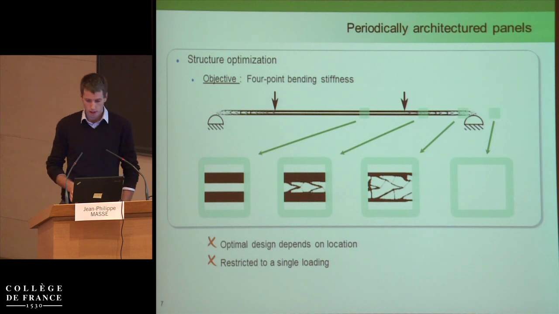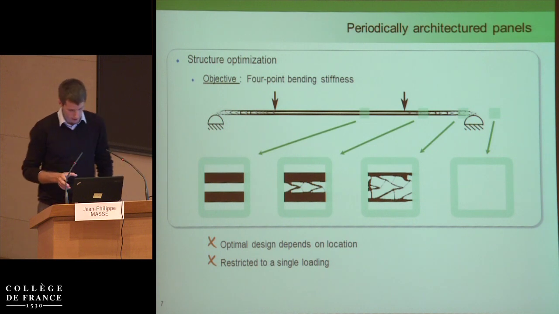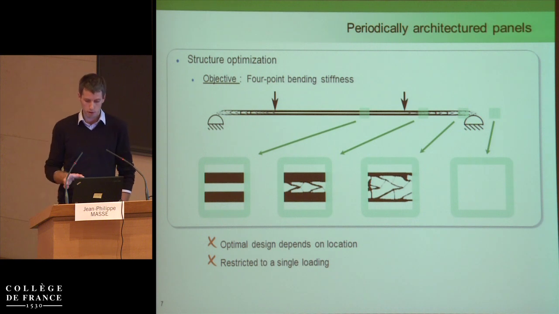So if we're thinking about structures and we try to optimize a panel, such panels are usually solicited with flexion, and so the 4-point bending is the most representative test for such a flexural panel.